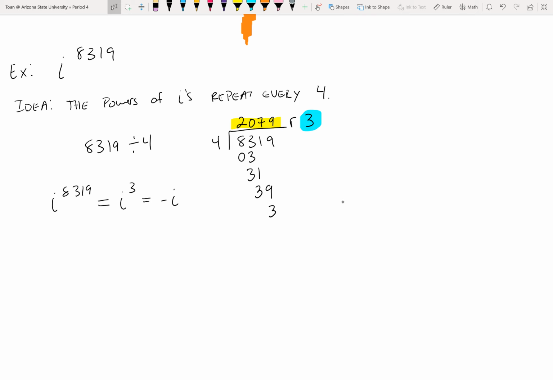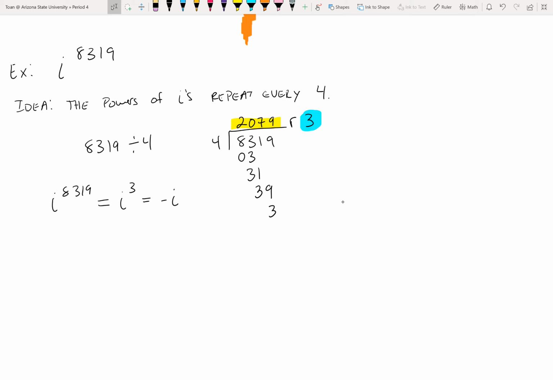Question? I don't know if it just works for this one, but for every multiple of 4, I don't think we'd have to pay attention to the 8 and the 3. Just the 1 and the 9. At 16, that's the first 4, and then 17, 18, 19, 20, that's the next 4. I think that would work.